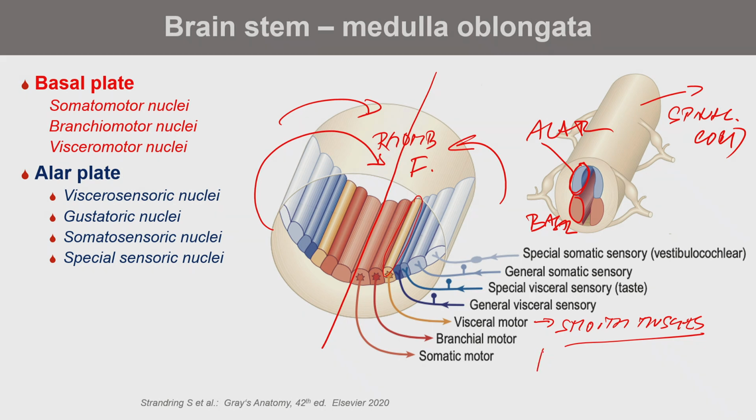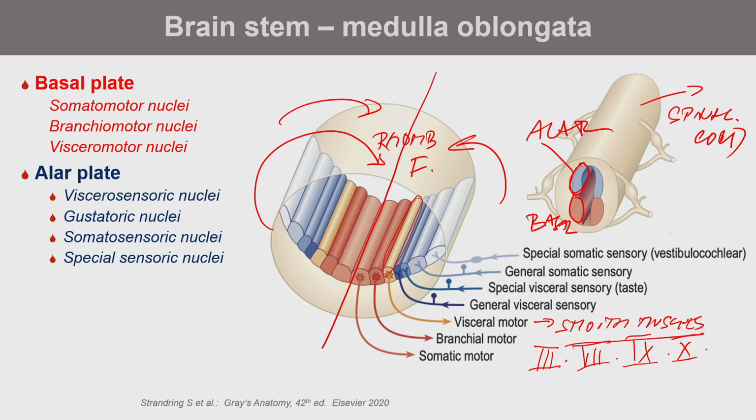Visceromotor are associated with the nerves which are 3rd, 7th, 9th, and 10th. So those are innervating the muscles of the eyeball, especially sphincter pupillae and ciliary muscle. And this is for 3; for 7 they are those salivary and lacrimal glands. 9th nerve also salivary gland, parotis, and then 10.